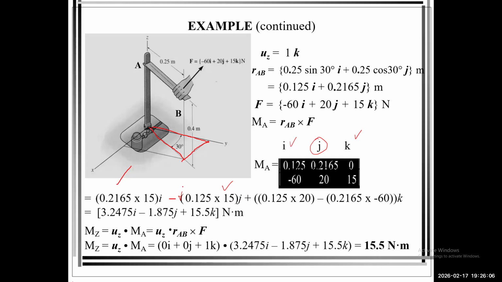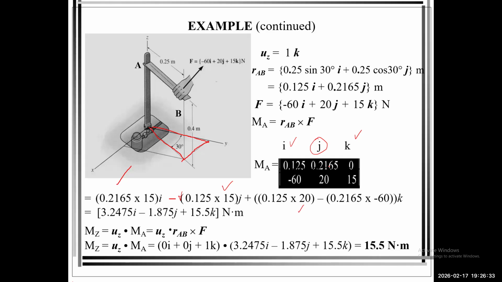See, red minus sign. And then the last one now you'll take your K, you'll exclude 0 and 15 in your last column. All right, and you only observe K. And then you'll be taking the determinant of 0.125, 0.216, and minus 60, minus 20. All right, those are the 4 components you're working with. And so you go ahead, 0.125 times 20, first one.